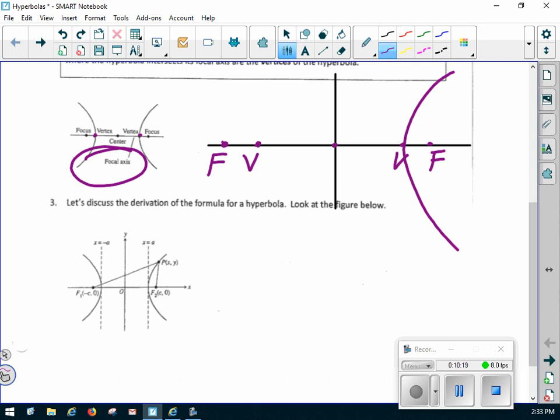Some people like to think of hyperbolas as looking like two parabolas. They're really not parabolas, but I can see why people would think that.